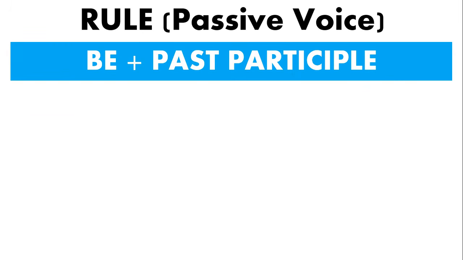Let us see how it goes. For example, I want to teach the passive voice. Today, my lesson is about the passive voice. So, I'm going to use the deductive approach. First of all, I give the students the rule. I tell my students that the passive voice is formed by using be plus the past participle.